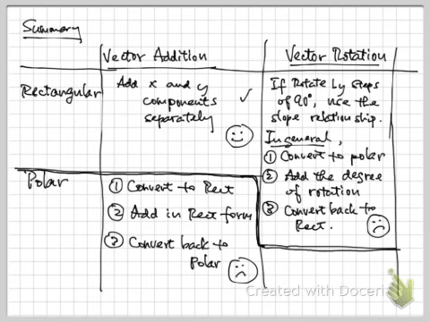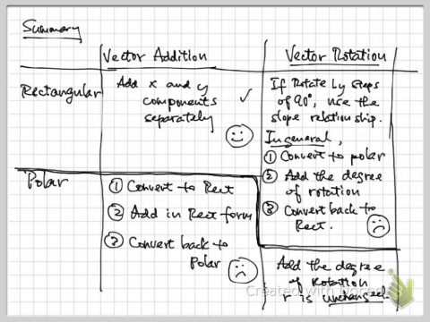So it's a bit more cumbersome. Whereas if it's already in polar representation, then you simply add in the degree of rotation, leaving r unchanged because you're only rotating the vector, so the length of the vector is unchanged.